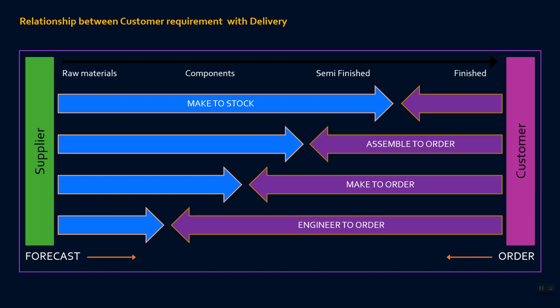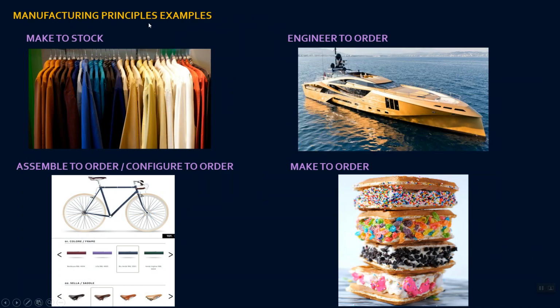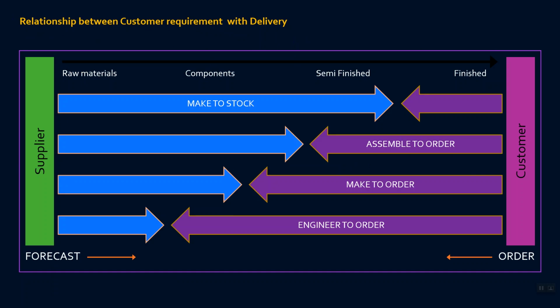Based on the type of product or principle of manufacturing, you can decide what type of relationship that particular product holds between the customer order or customer requirement date and the delivery timelines. You can see that it has different sections like raw material, components which are already purchased, semi-finished and finished.